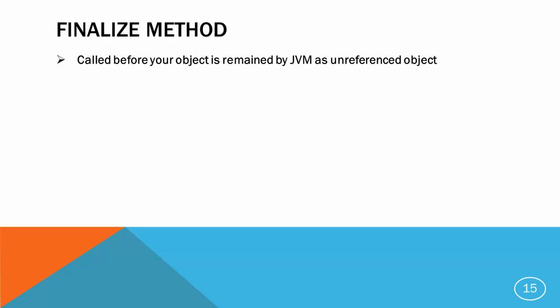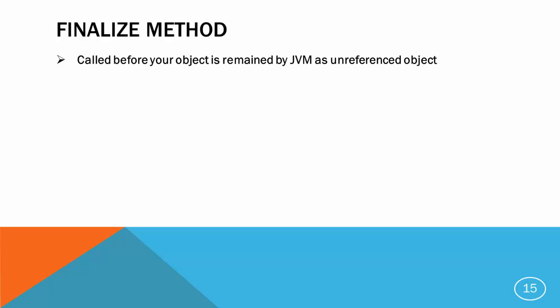Finalize method. The finalize method is a method in an object. Whenever you create a class, instantiate it and create one object of that class, it is allocated into memory, and once it is unreferenced, it will be marked for deallocation.